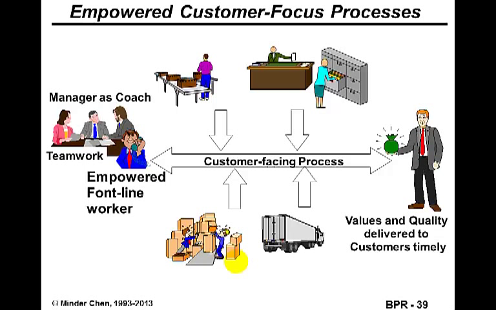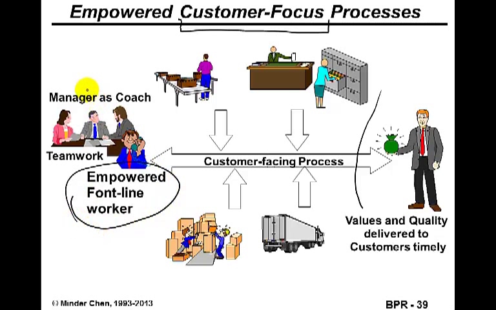And this picture shows that it is very important to have a customer-focused viewpoint when we try to look at a business process. And to our customer, they don't really care what's going on within the organization. It is the frontline worker they're dealing with.